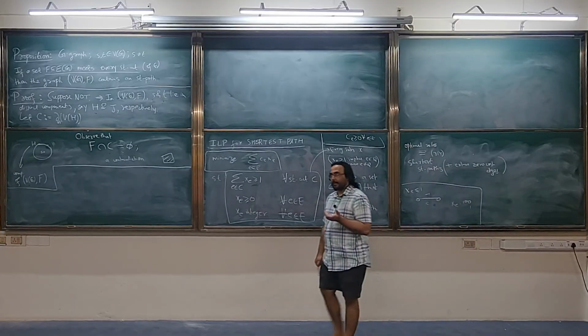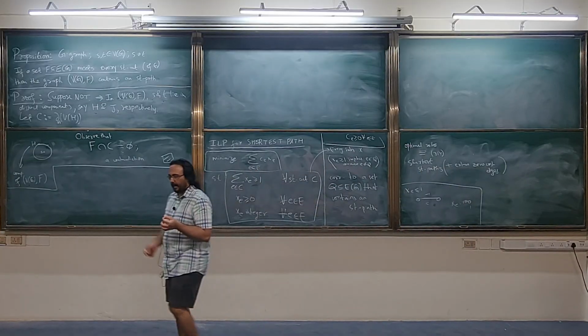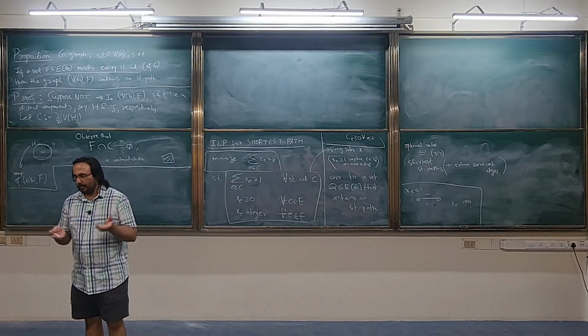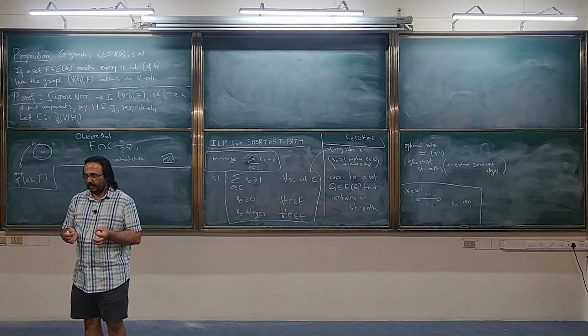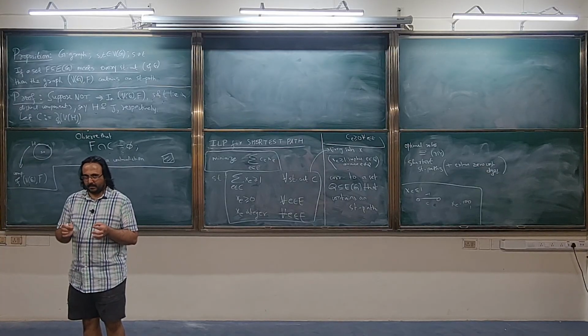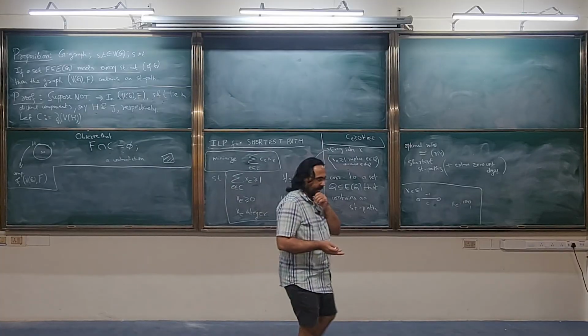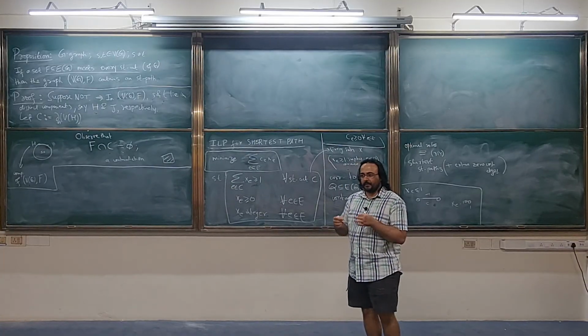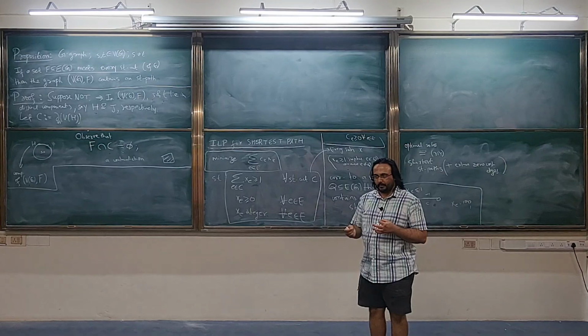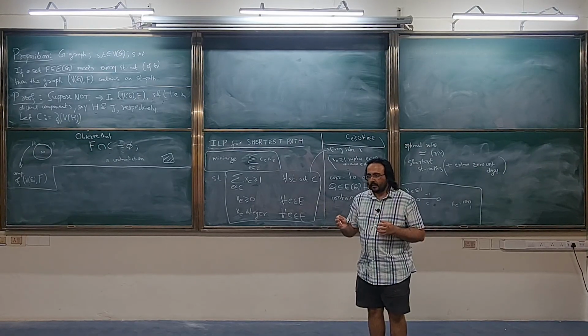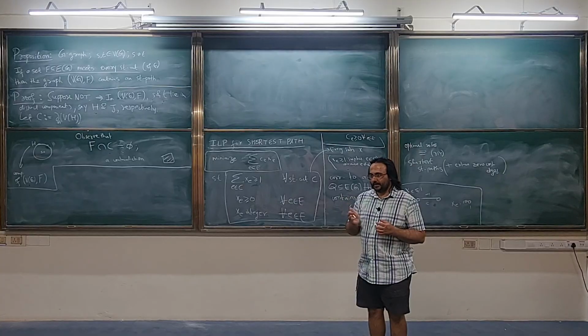In fact, in the case of perfect matchings, observe that every perfect matching or maximum matching has the same cardinality. So if you have negative cost edges in the perfect matching problem, let's say the minimum cost is minus 100, I will just add 100 to every edge and things will still be okay.